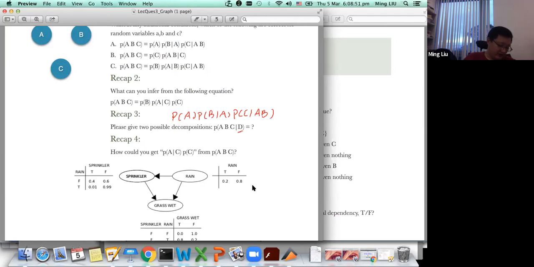That means you can insert the D to the right side of the bar. Then this decomposition is easy. So just consider the event on the right side of the bar as background knowledge.